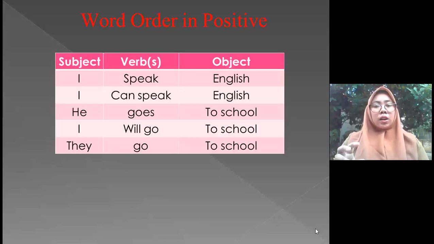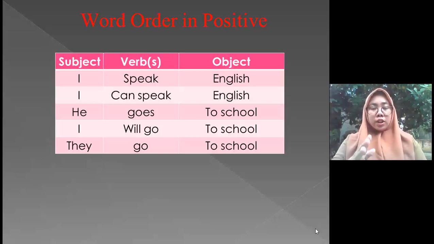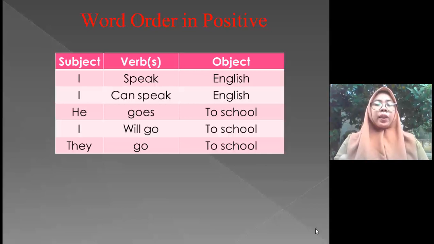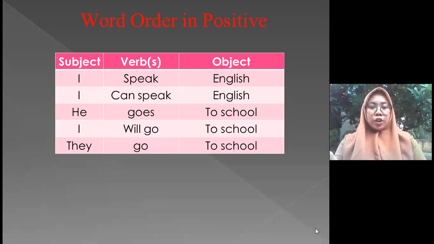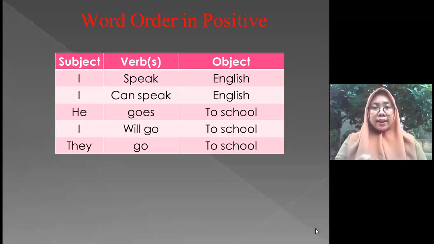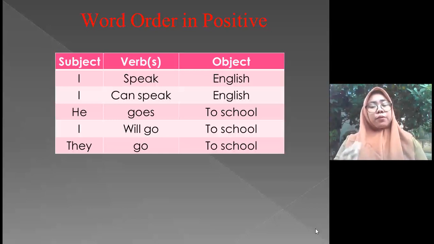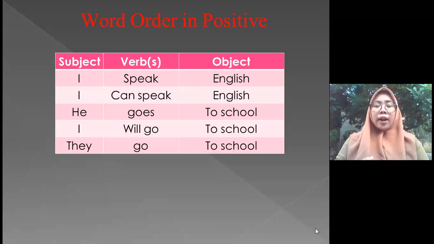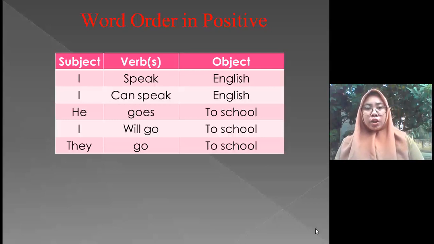Here, I have given some examples. The first, I speak English. We can see I as a subject, speak as a verb, and English as an object. The same with the other sentence, I can speak English.